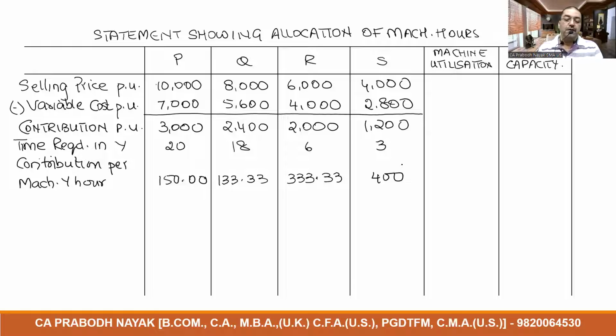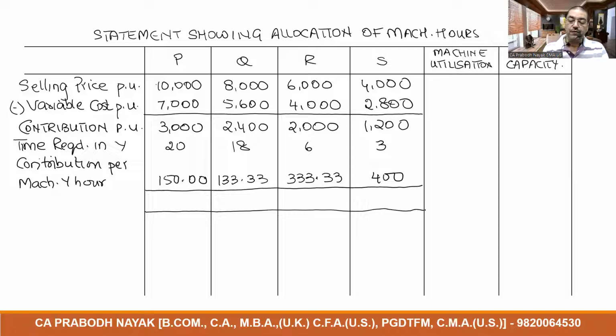So ranking is done on the basis of contribution, not per unit, but contribution per limiting factor. And here the limiting factor is number of hours of machine Y. Everything is taken on the basis of machine Y. So which is giving me the maximum contribution per hour? Product S is given. So I'm doing the ranking here. This will come first.